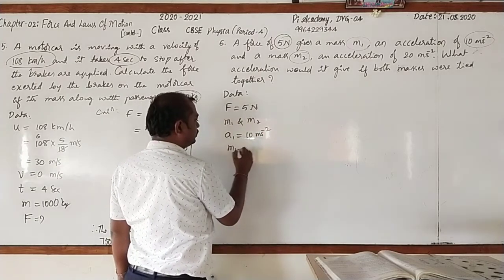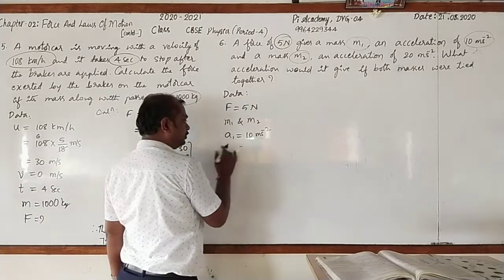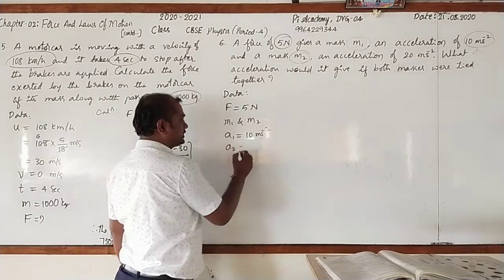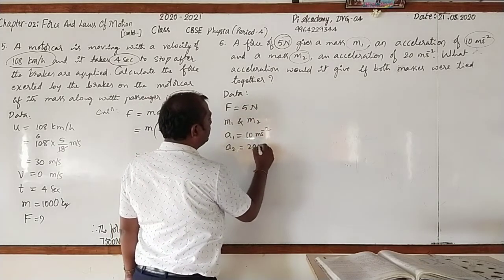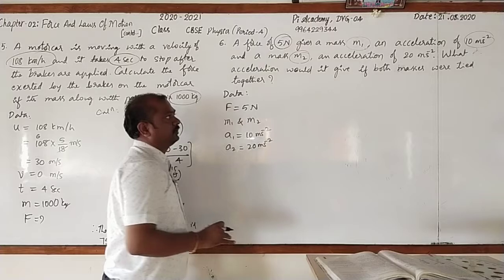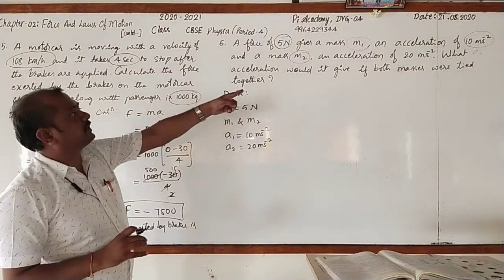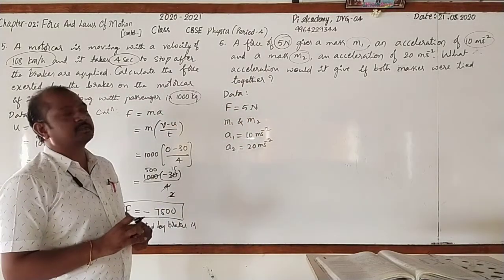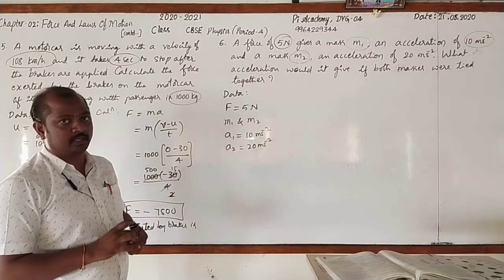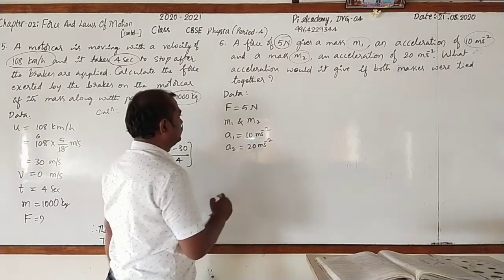With respect to m2, the acceleration gained by the body m2, that is a2, is 20 meter per second square. You are going to find out what acceleration it would give if both the masses were tied together, right? Let's go for calculating that.